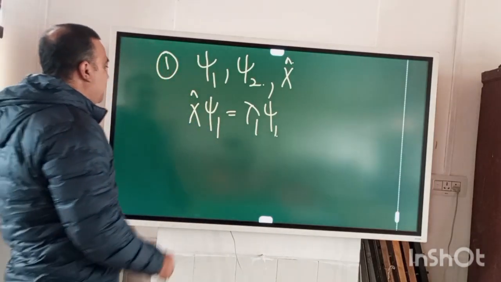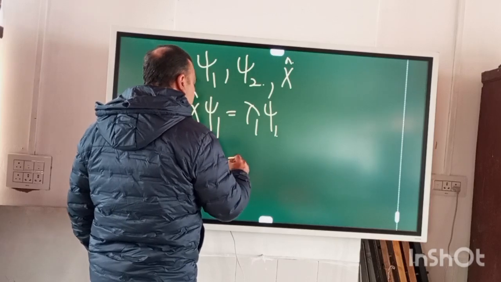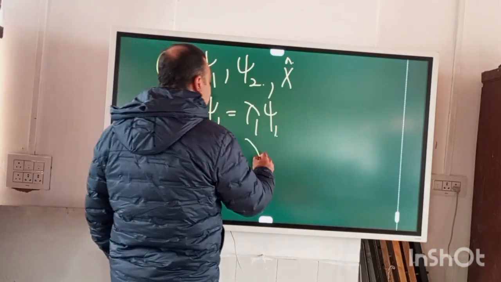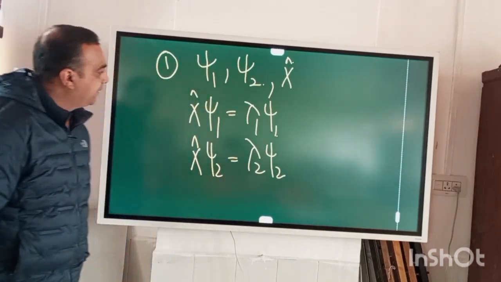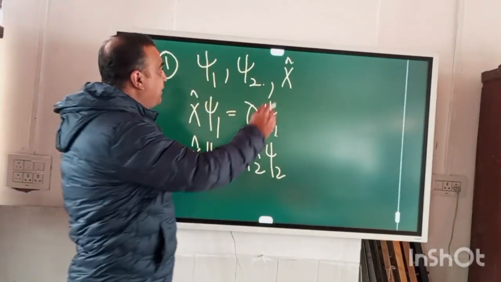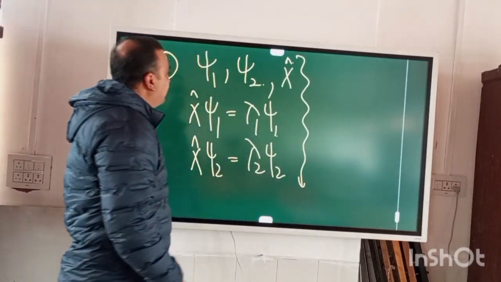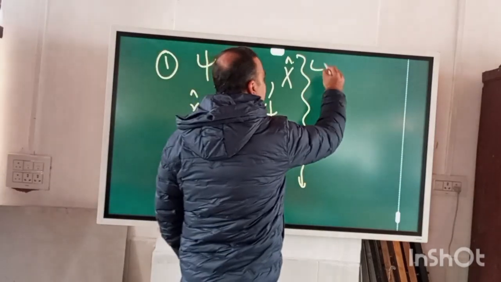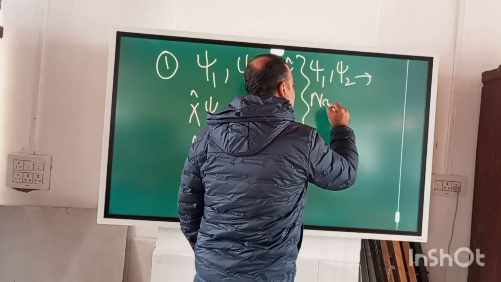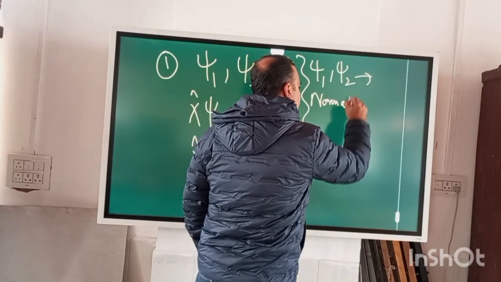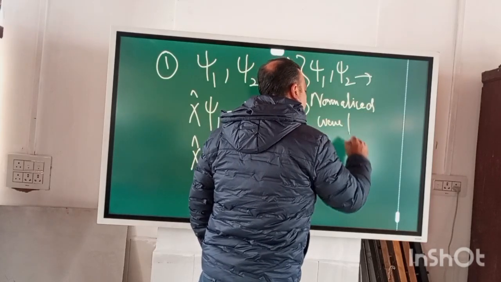If I operate the same operator on psi2, I obtain lambda 2 psi2. What is presumed here is that the wave functions psi1 and psi2 are normalized wave functions.